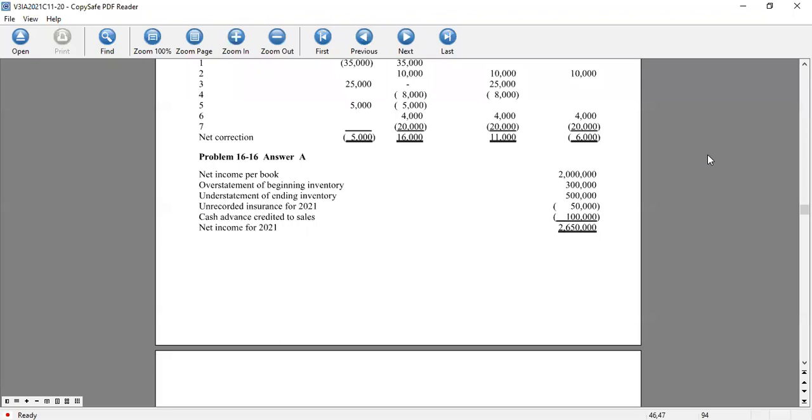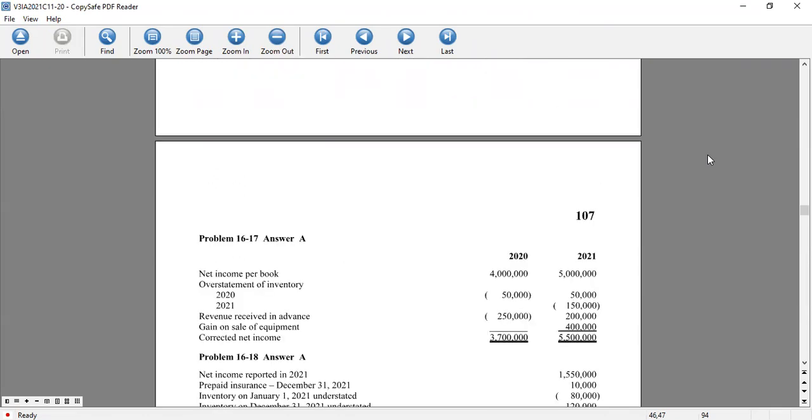So expenses were understated. Net income overstated. We have to deduct 50,000. And the cash advance credited to sales overstated sales. So we have to deduct the effect on net income.